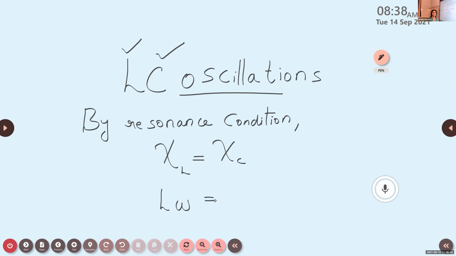L omega is equal to, what about chi C? 1 by C omega.